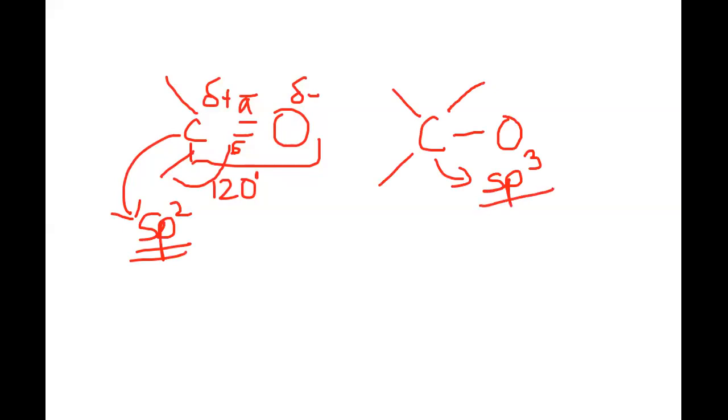When the hybridization changes to sp3, the geometry of the molecule also changes, from an sp2 hybridized planar carbon structure to a tetrahedral structure. So this is an sp3 hybridized carbon atom that we get.